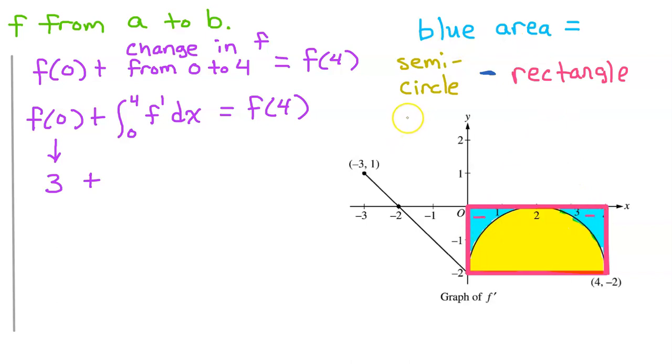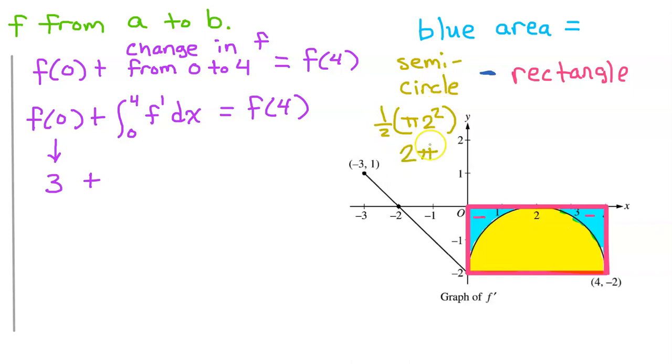You know that the area of a circle is pi r squared. So the area of a semicircle will be half that. In this case, the radius is 2. So this becomes 1/2 pi 2 squared. So this is pi times 4, or 4 pi, and then half of 4 pi is 2 pi.